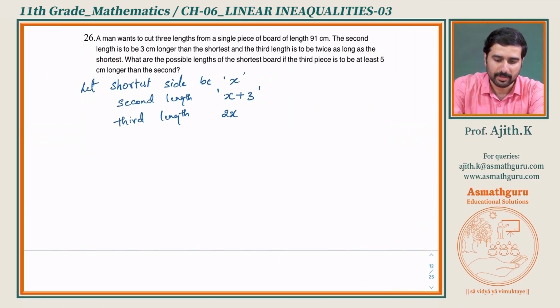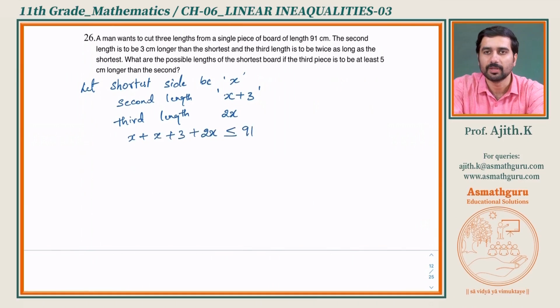Next, the total length: x plus 3 plus 2x, which is less than or equal to 91, because a man wants to cut 3 lengths from a single piece of board of length 91 cm. He has 91 cm, so he has to cut it into 3 pieces, which is less than or equal to 91.